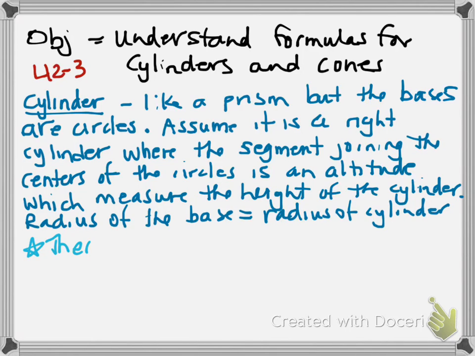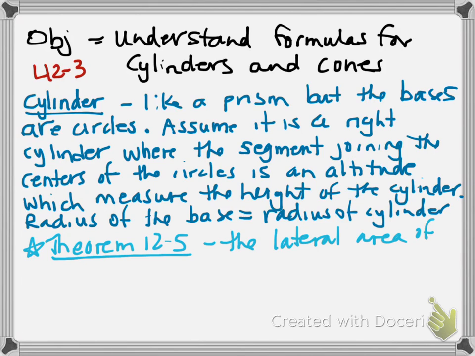So the first one, theorem 12.5, says the lateral area of a cylinder equals, and that's where I'm going to pause for a moment and say, can you guys remember what the formula for the lateral area of a prism was?